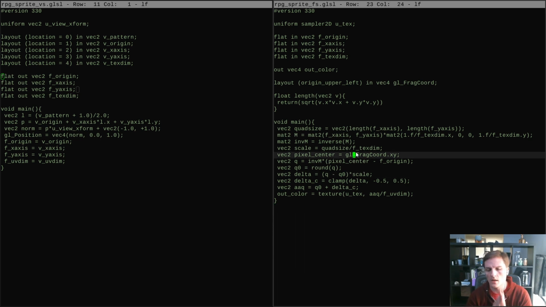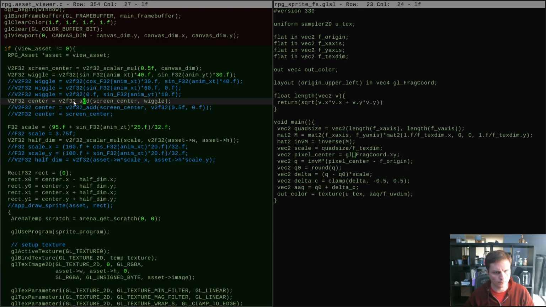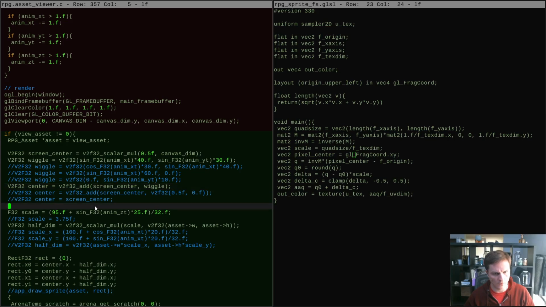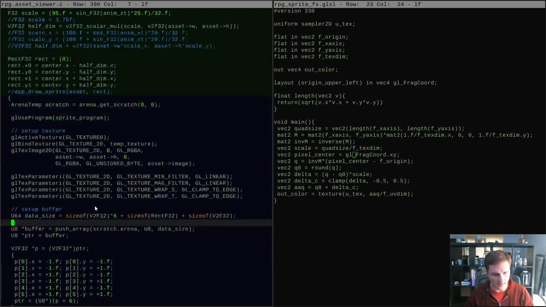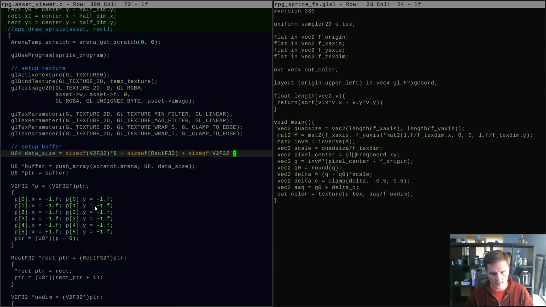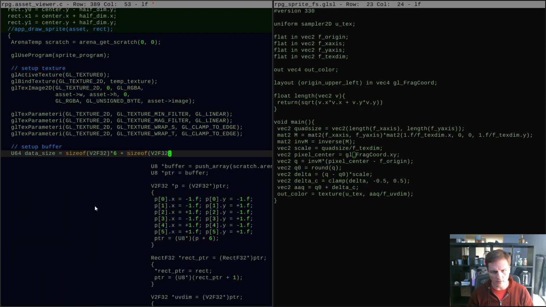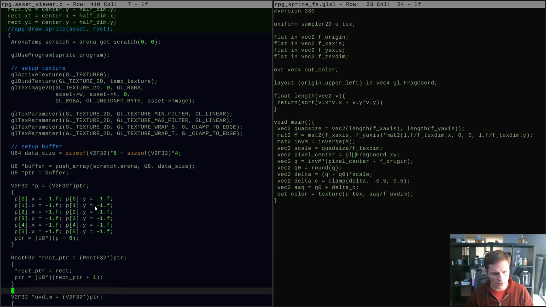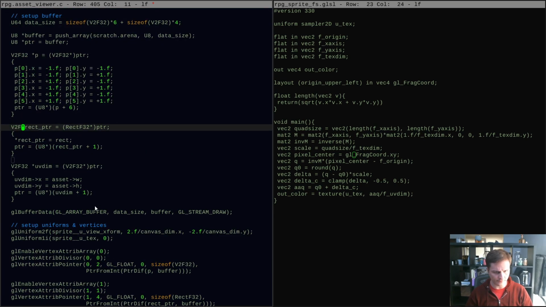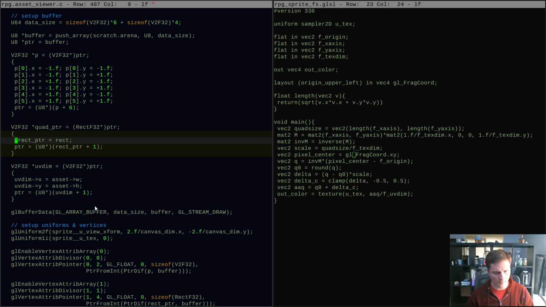Okay, so I have to update what I'm submitting now. This is no longer going to work like this. It's now a size of v2 f32 times 4 kind of situation with quad going here, and quad putter covers 3 of these.